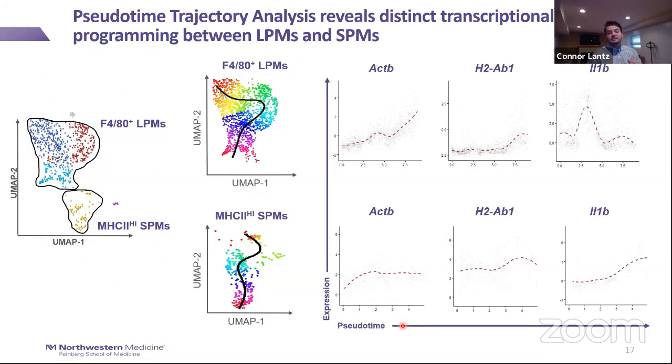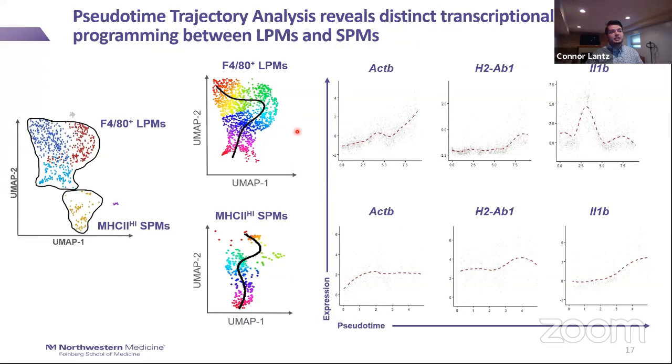Performing this algorithm on my data set, I, not surprisingly, came up with two different trajectories: one for my large peritoneal macrophage population and one for my small peritoneal macrophage population. This suggests that even if a small peritoneal macrophage is performing efferocytosis, it doesn't become more LPM-like and cluster within the LPMs.